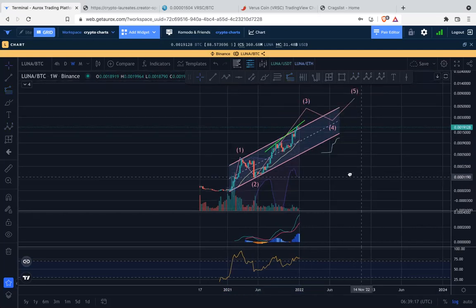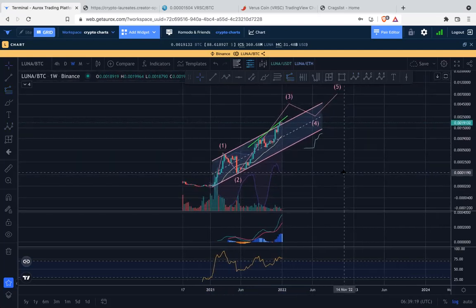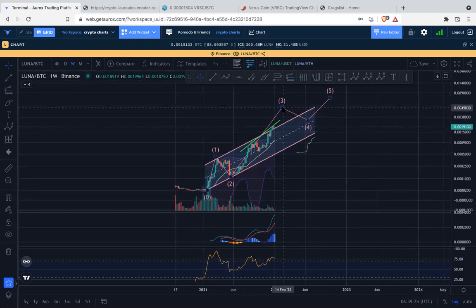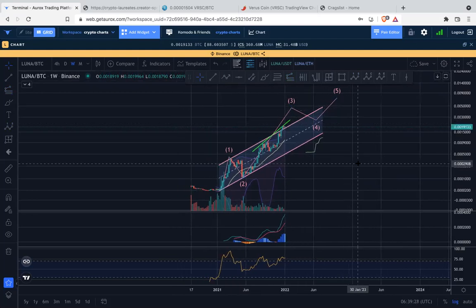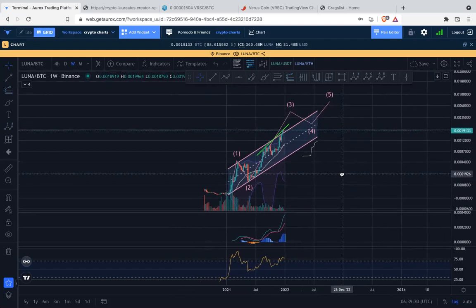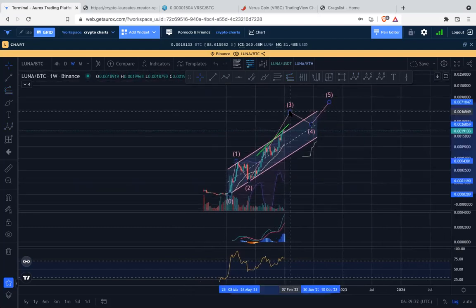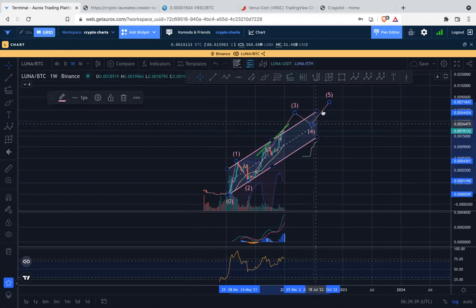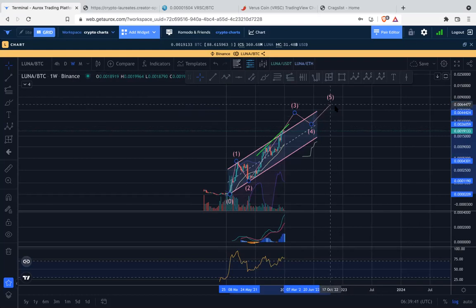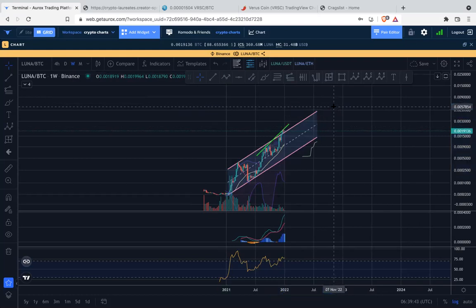I'm gonna have to take a little closer look on these, but there's a good chance we might be getting up to a 3 before making our 4. Actually, for now, that's my bias, that there's room on this one to gain a higher 3 and then find a 4 within this channel, and then look for a 5 wherever that's going to be if it's making an impulse.